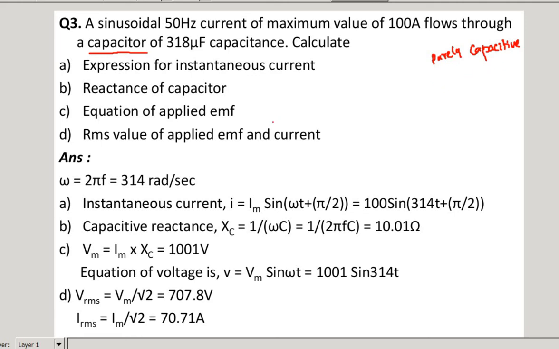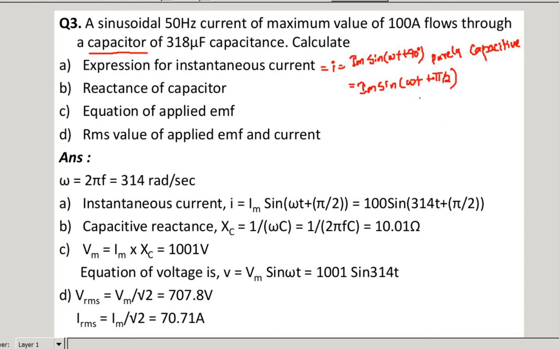Now, what is the expression for instantaneous current for a purely capacitive circuit? I is equal to Im sin of (omega t plus 90 degrees). While doing the problem, it will be better if you take it as Im sin of (omega t plus pi by 2), because we are taking these quantities in radians. It is not degrees; omega is angular frequency in radian per second.